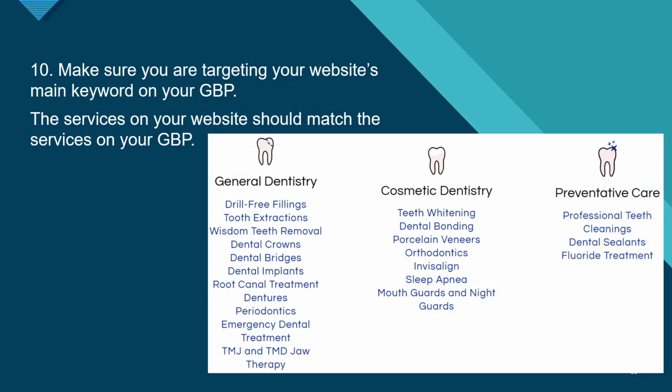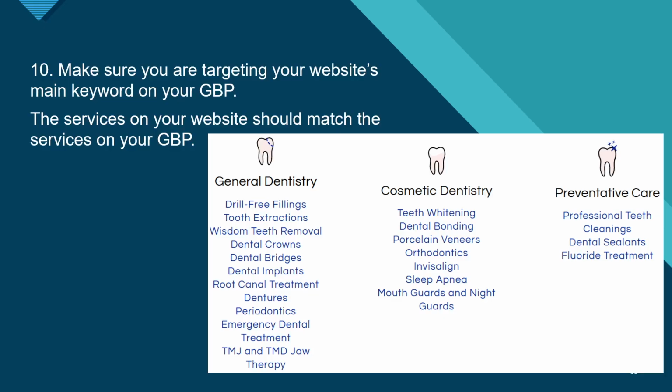Make sure you are targeting your website's main keyword on your Google Business profile. So let's say your main target keyword is a family dentist or a family dental clinic or something like that, you want to make sure you're targeting that keyword on your Google Business profile.